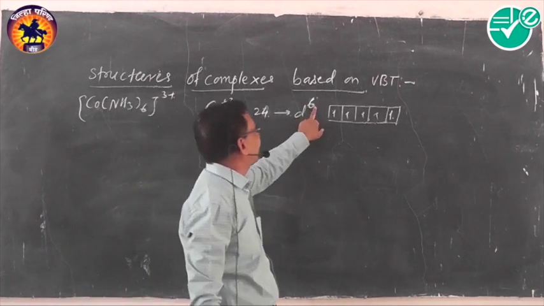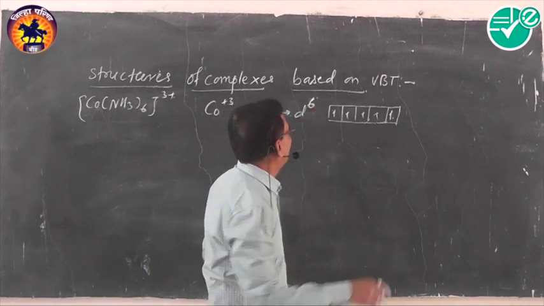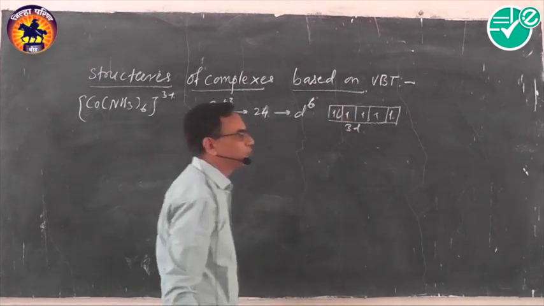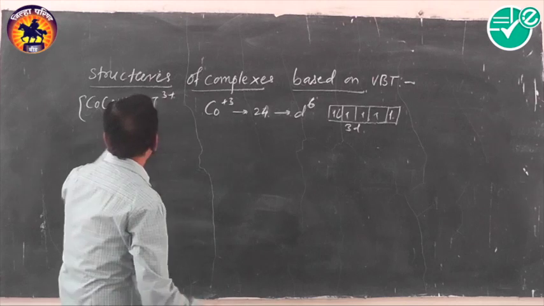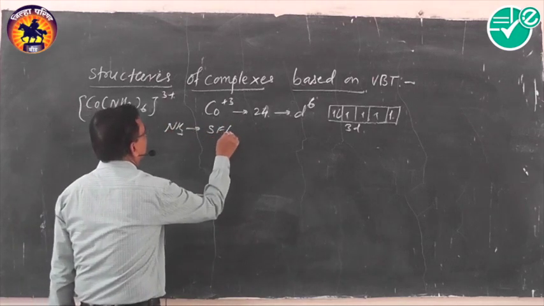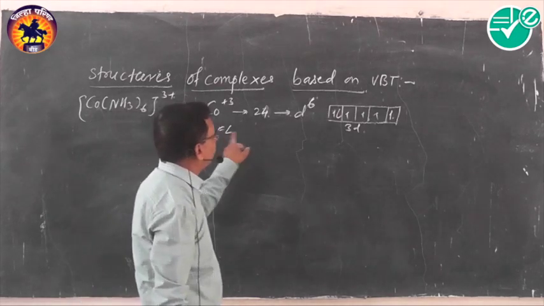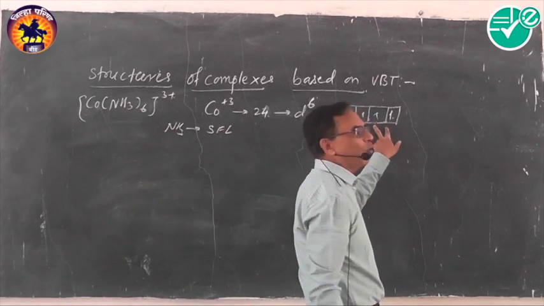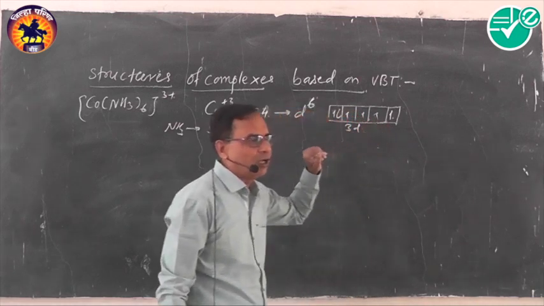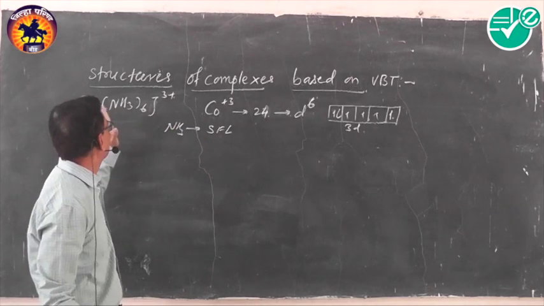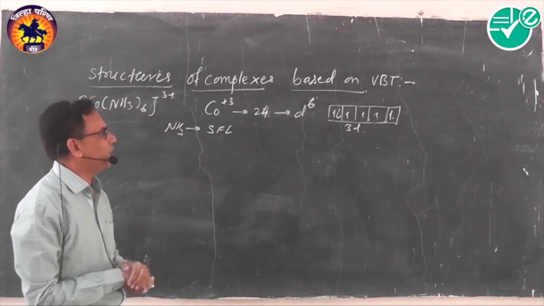Hence it is a d6 case, and there are 6 electrons in the 3d orbitals. Now, this NH3 is a strong field ligand. So this causes pairing of electrons and makes these 2 d orbitals vacant to accommodate the electrons which are donated by the NH3, or for hybridization.